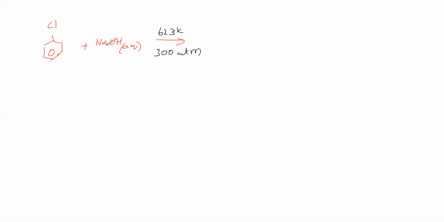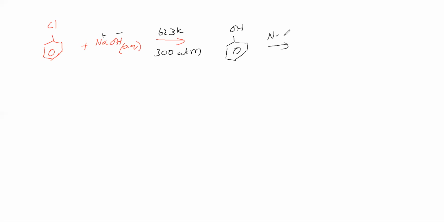Due to high temperature and huge pressure, Cl minus is replaced by OH minus. OH minus replaces Cl minus because we have given abnormal conditions: very high pressure and high temperature, so that it happens.